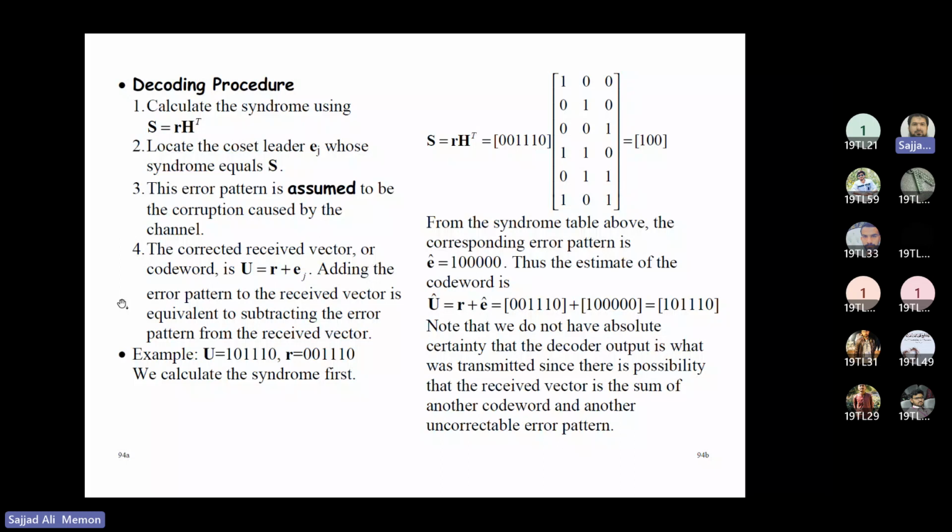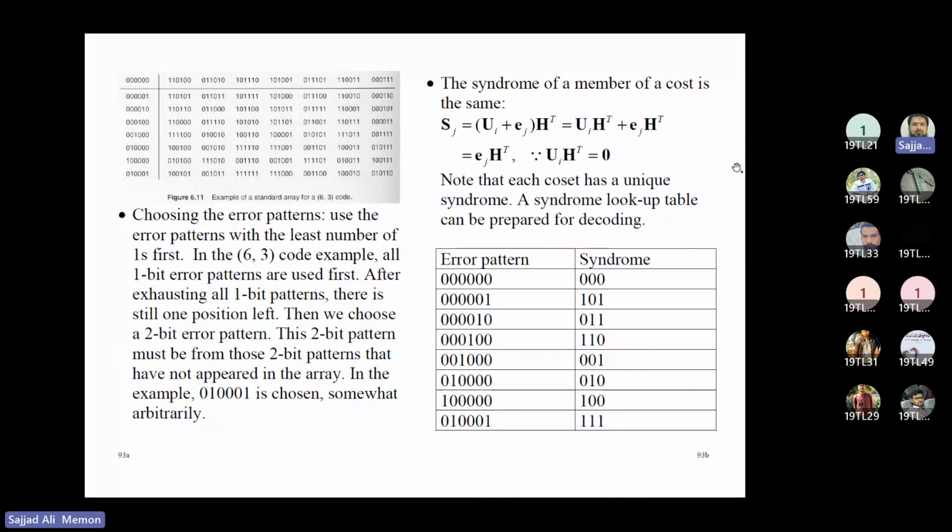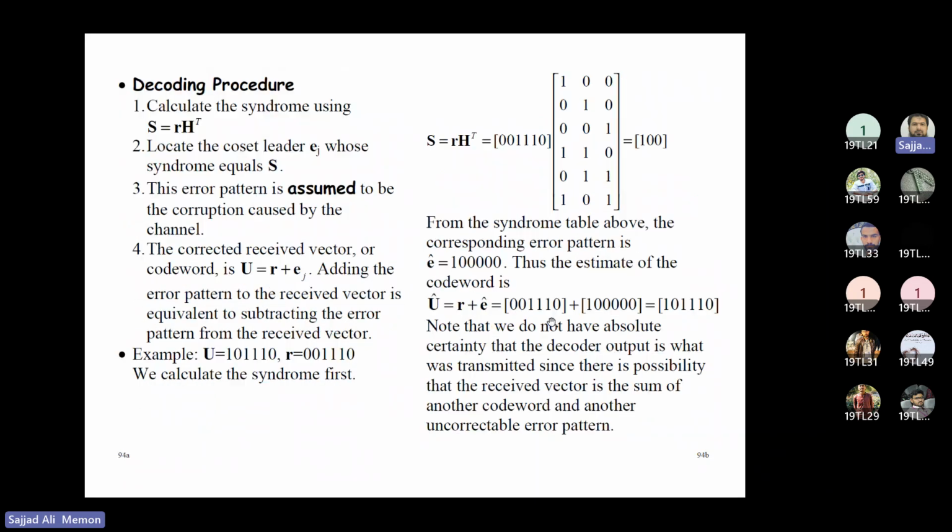An example is also given. Example: U is equal to 101110 and the received R is 000110. So we first calculate the syndrome. We calculate a syndrome that is 100. So the error pattern is determined. We will subtract that from the received vector.